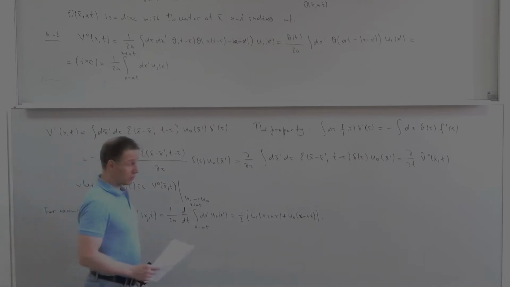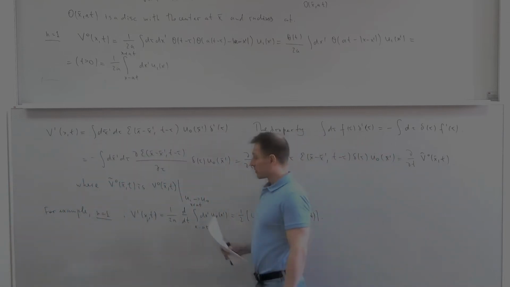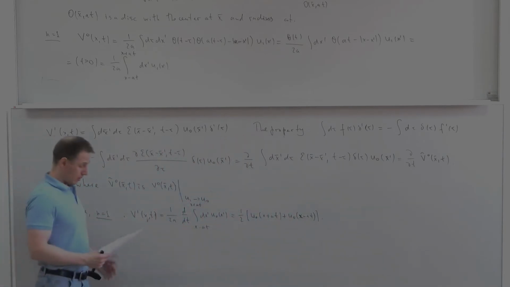Thus, we have found the explicit expression for all the retarded potentials, V0 and V1.